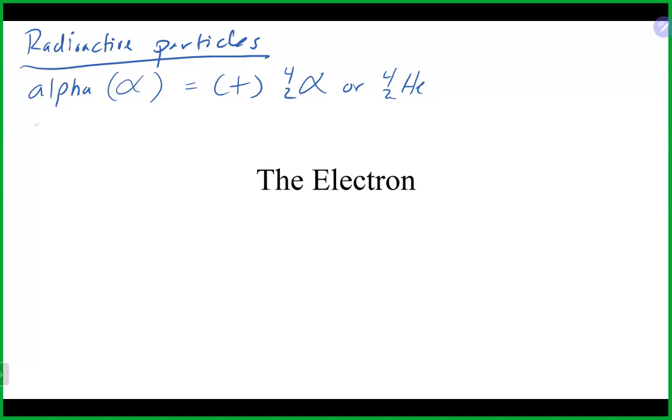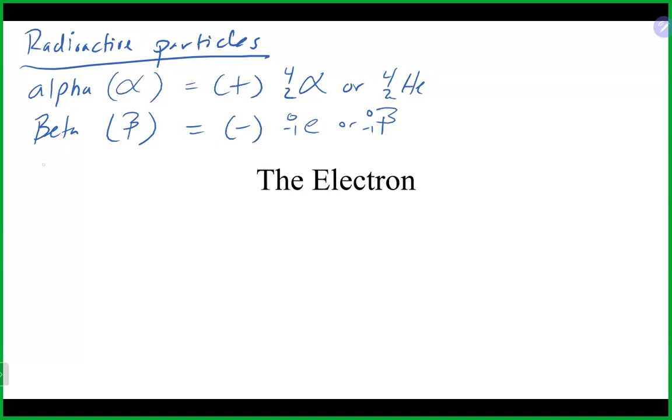There are also beta particles, using the beta symbol. These are negatively charged radioactive particles. They are essentially like an electron, sometimes symbolized like that, or like this as well.